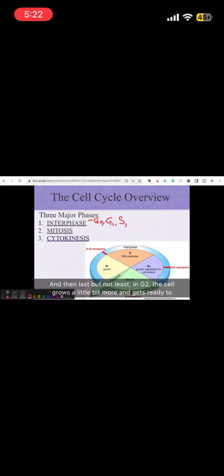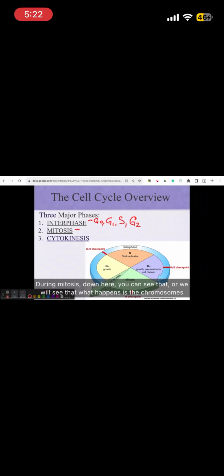In G1, the cell is preparing to grow, so getting larger in size. In the S phase of interphase, DNA replicates. And then last but not least, in G2, the cell grows a little bit more and gets ready to enter into mitosis, gets ready to start dividing up the chromosomes that it replicated in the S phase.